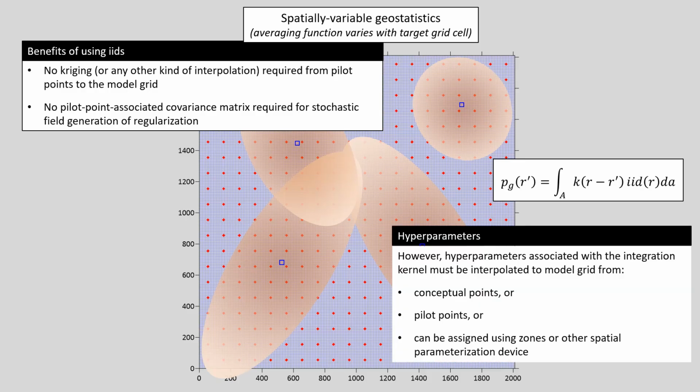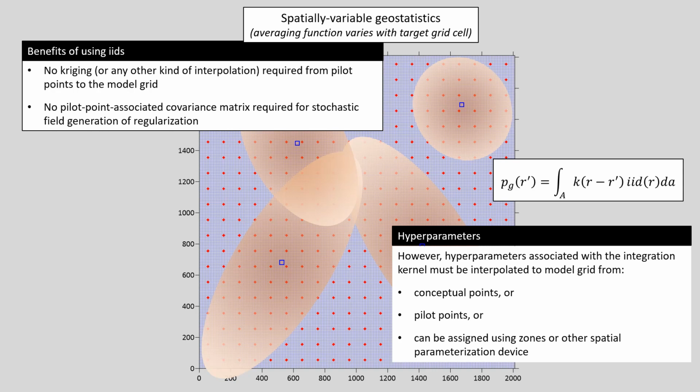I do, however, have the responsibility of ensuring that hyperparameters are assigned to each cell of this model domain. These can be the same if we want to end up with a stationary hydraulic property field. However, they'll be different and spatially variable themselves if we want to end up with a non-stationary hydraulic property field. So I have to interpolate the geostatistical hyperparameters to all the cells of the model grid.